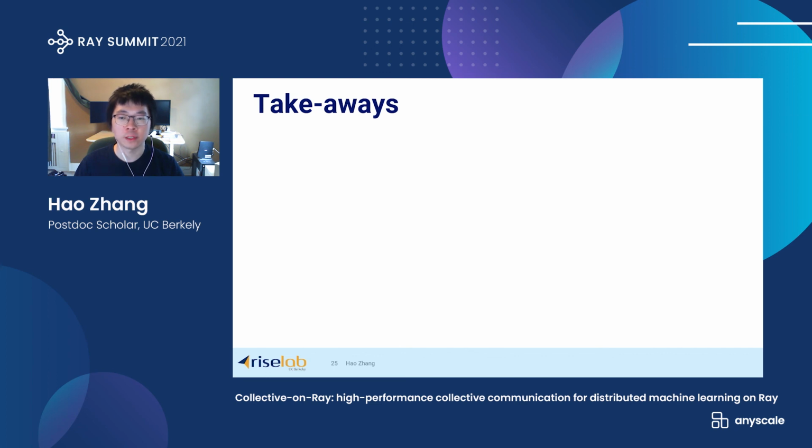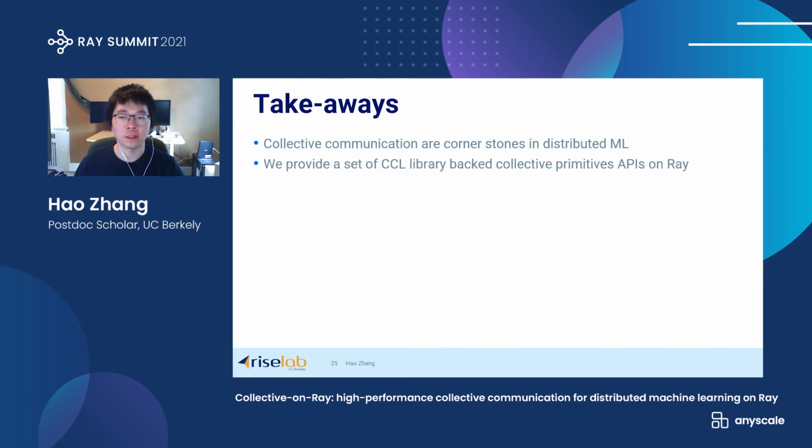So, to summarize my talk, collective communication is a really important part of distributed computing, especially in distributed machine learning. To support this communication and guarantee ease of use and performance, we provide a set of CCL library-backed collective primitive APIs on Ray. They have a few good features.